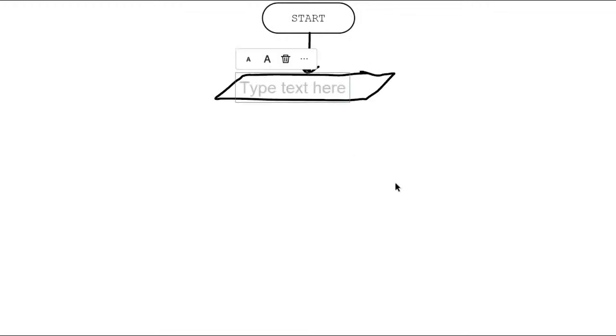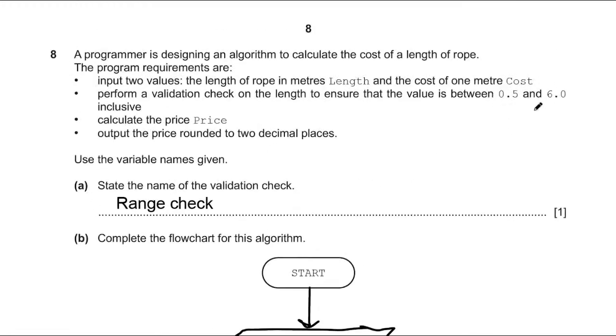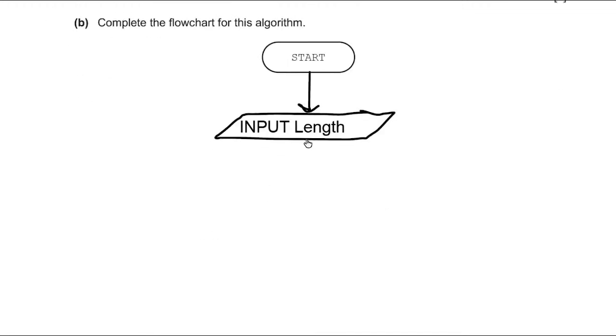I really hope your drawing is better than me and you are able to understand what I'm trying to draw. Input length. Now after inputting the length, you are going to apply the validation check, the range check, whether the length is between 0.5 and 6 or not.